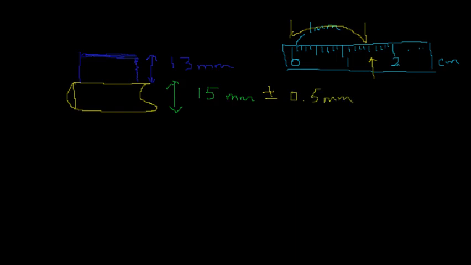Now we write this down by using this plus or minus symbol. So it can be plus or minus 0.5 millimeter, means within either minus 0.5 or plus 0.5 to 15 millimeters.